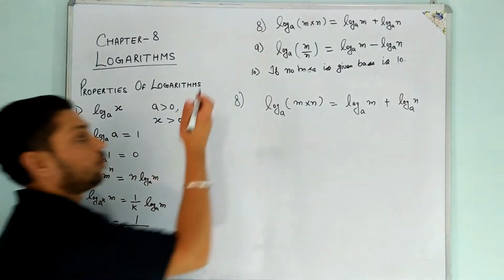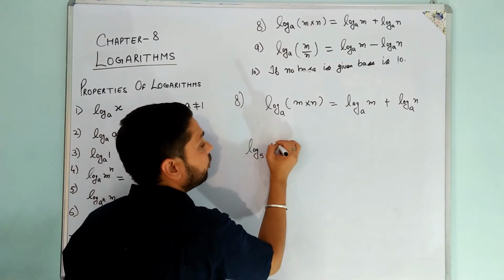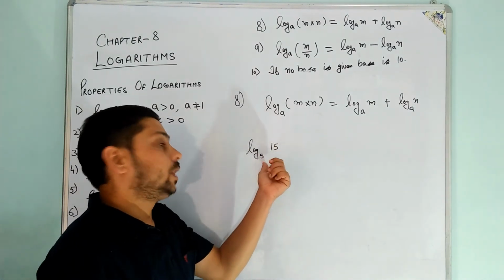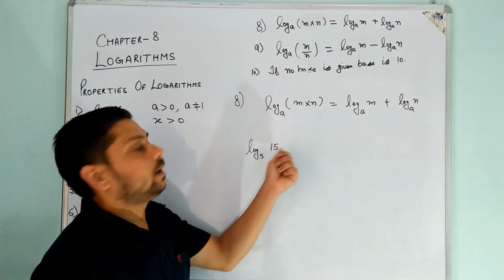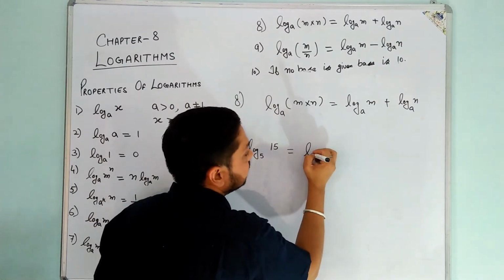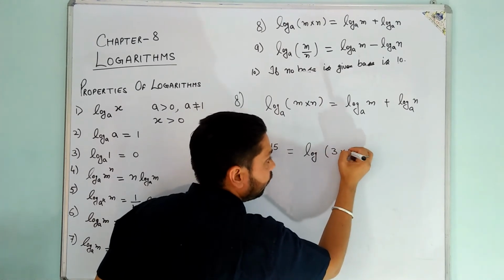For example, if we have to calculate log of 15 with base 5, 15 can be broken down as 3 into 5.